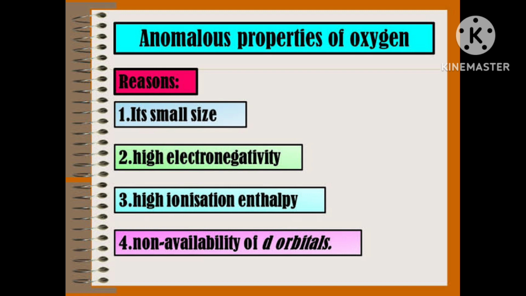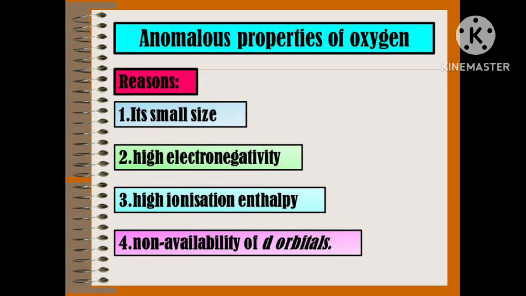Now I am going to tell reactivity with oxygen. All these elements of group 16 form oxides of the type EO2 and EO3, where E means element.